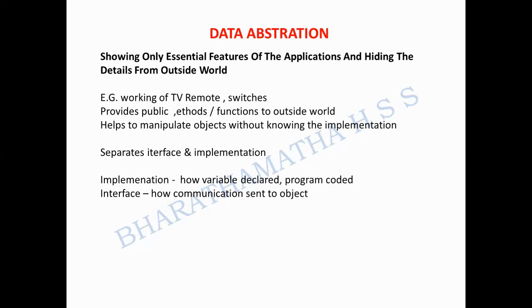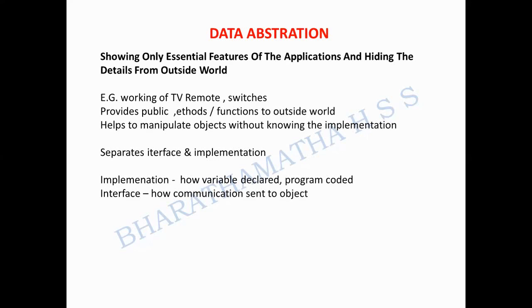Like this, you are hiding the data underneath and seeing only the essential things, which is known as data abstraction. Seeing only the essential features of the application is known as data abstraction.